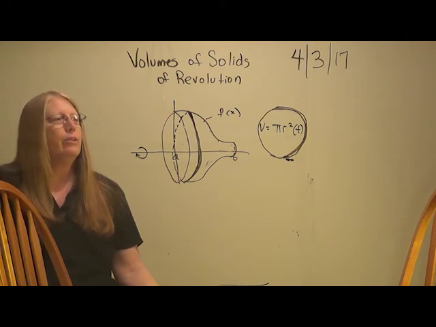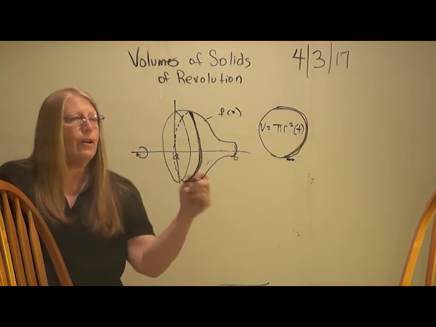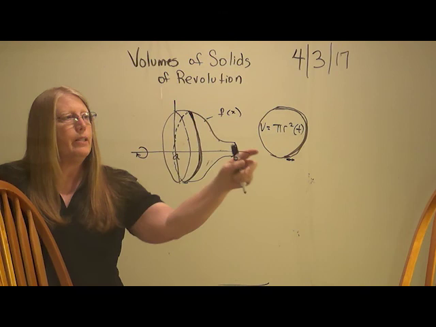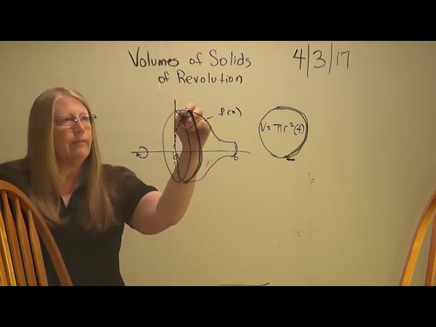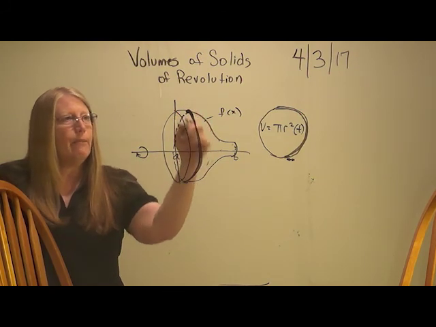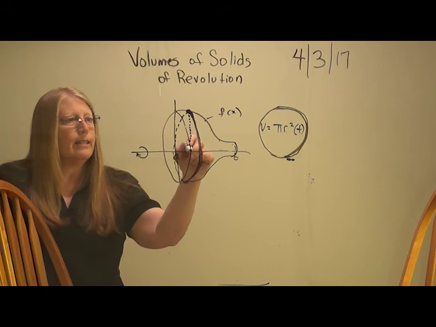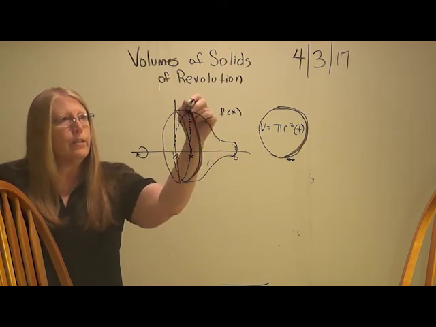And I am interested in pi r squared. When it says r, where is r? Where's the radius of this one particular slice that I pulled out? Well, the radius is linked to that point on the curve, and it's above the x-axis somewhere. I'll call the value x, so I'll call this point x comma y.